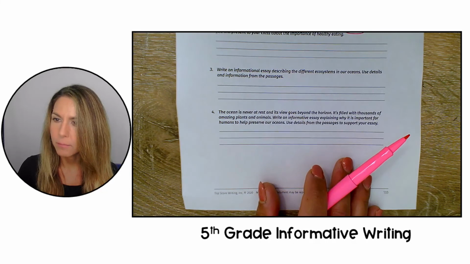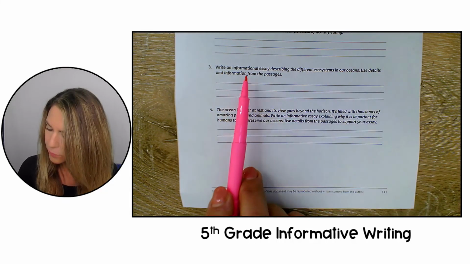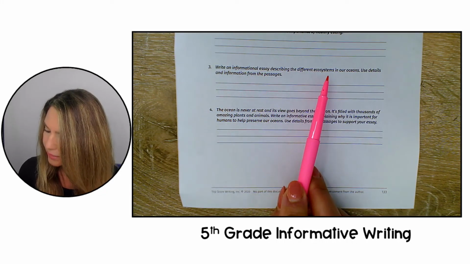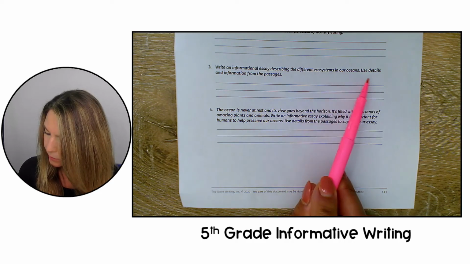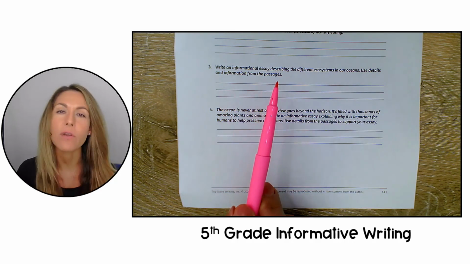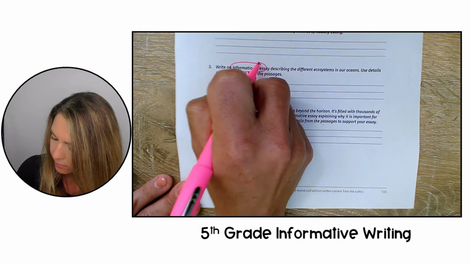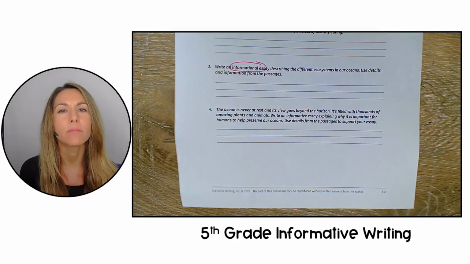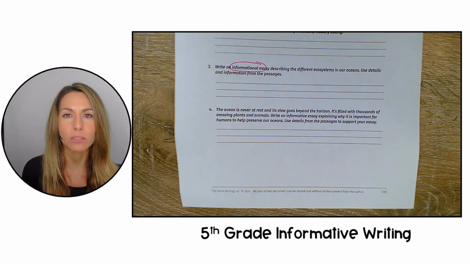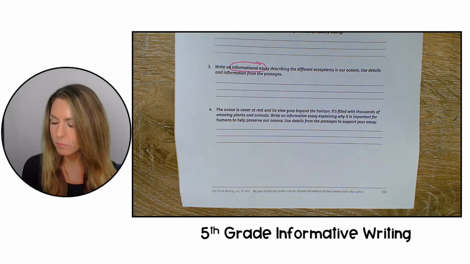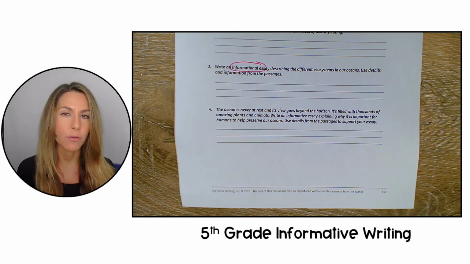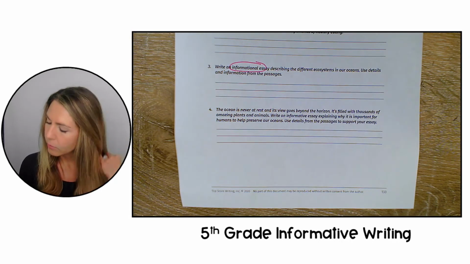Let's look at number 3. Write an informational essay describing the different ecosystems in our oceans. Use details and information from the passages. So the keyword in number 3 is informational. That lets us know that we are being asked to write an informative essay. Now the next question, in our own words, what are we being asked to write about?